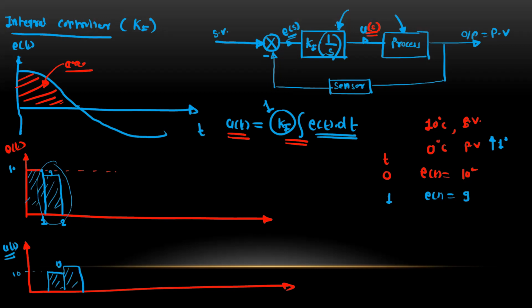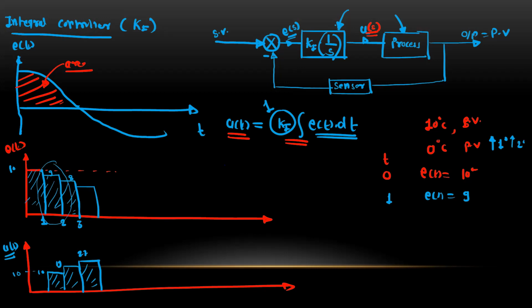Then the temperature rises to 2 degrees Celsius, so the error becomes 8. After 3 seconds, the controlled output will be this total area, so we add 8 to 19, and it will become 27. So this is 27, this is 19, this is 10.